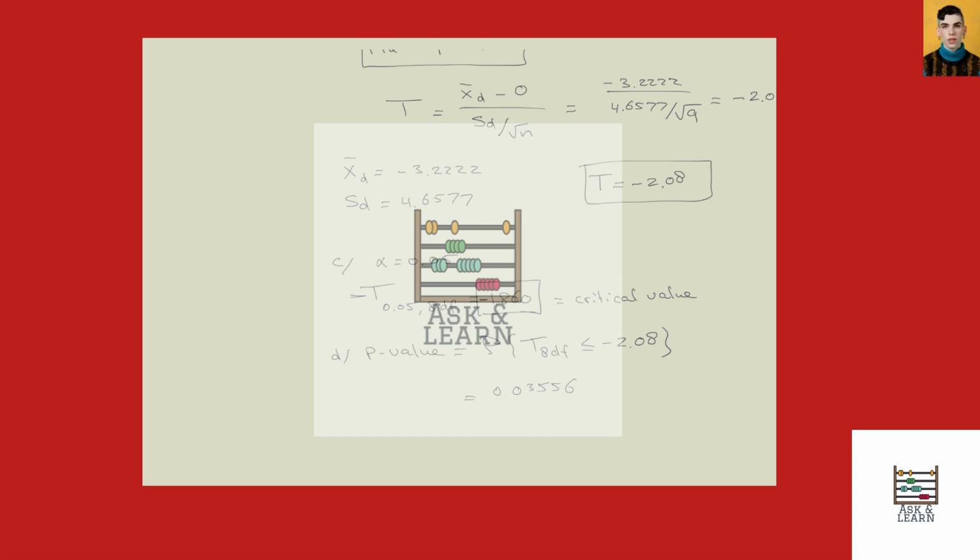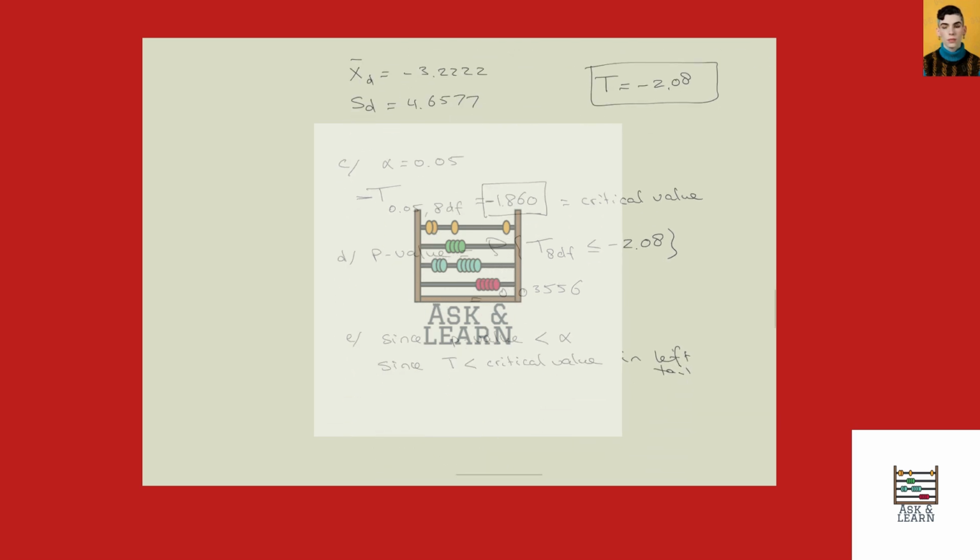And then our conclusion is, since the p-value is less than alpha, or since T is smaller than our critical value in the left tail, we reject the null hypothesis.